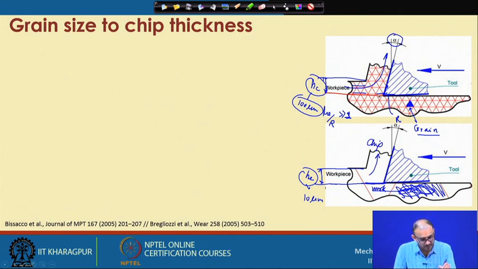You will not encounter the grain boundary. When cutting at a macro scale, you easily get the boundary by which the grain is separated out, so you don't need to cut the grain. But here this probability is very low, so many times you have to cut the grain.